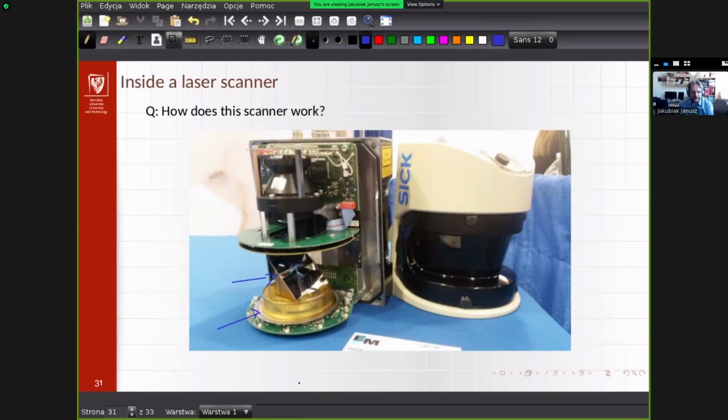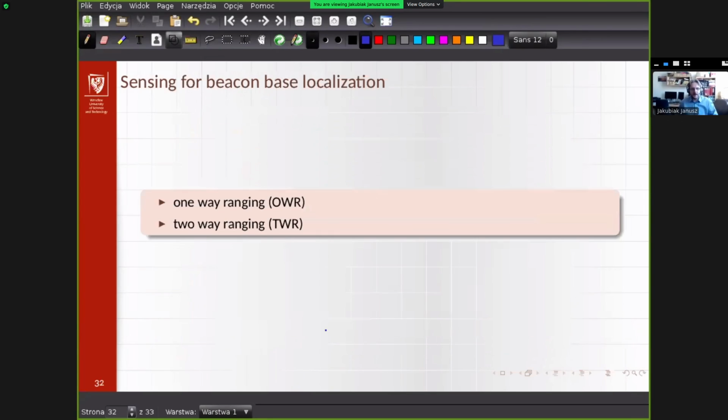And maybe the last solution, a similar one, but not using the visible beam. Time measurement or distance measurement using the electromagnetic wave is also used in beacon-based localization. When you have a certain radio transmitter that sends some radio signal to the receiver.